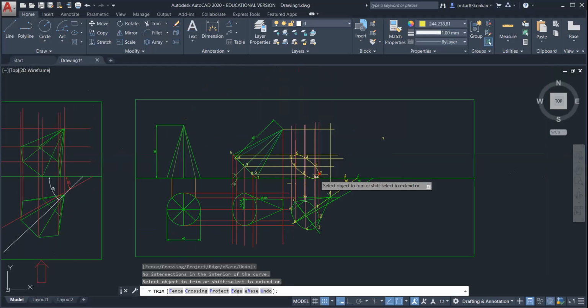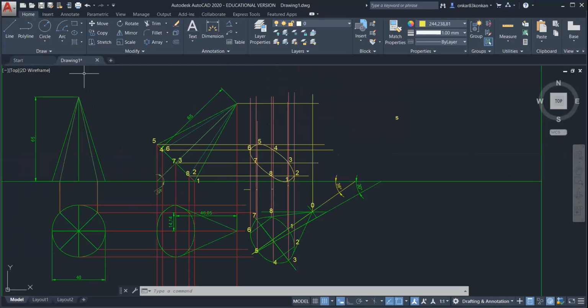Basically, this curve will represent the front view of this base. And then draw the tangent line to this curve from this point. So this is the apex point in the front view.